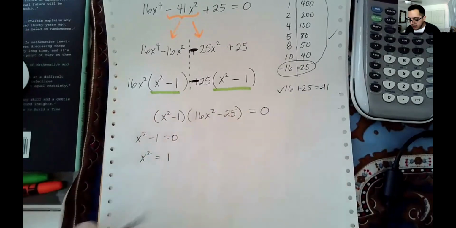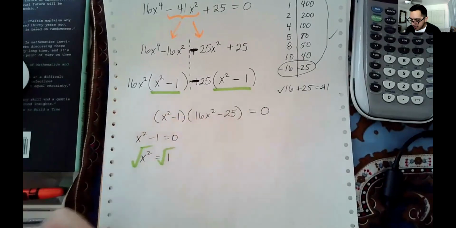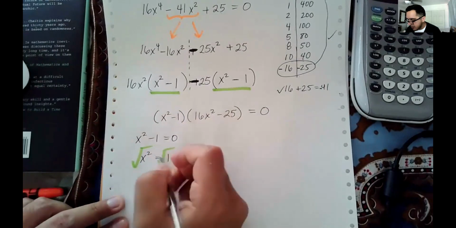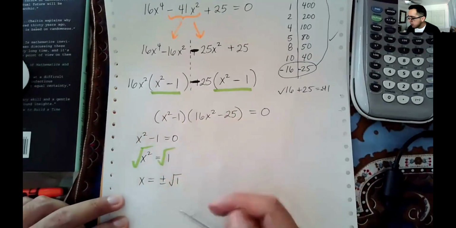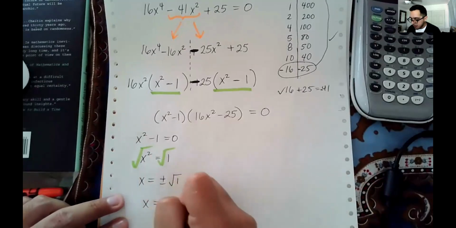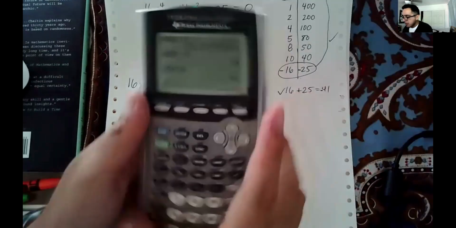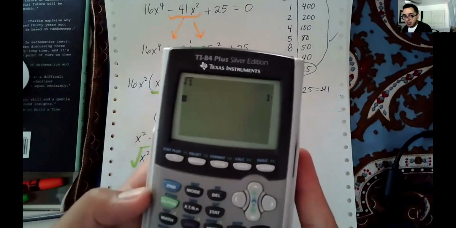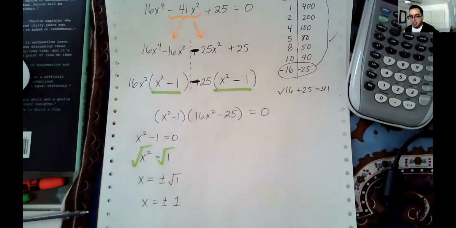And then I can utilize the square root property, take the square root of both sides, and say that x is equal to plus or minus the square root of 1. Well, the square root of 1 is simply 1. So x is equal to plus or minus 1, right? Like if you put the square root of 1 in your calculator, it simplifies to just 1. So that's why I'm just getting rid of the square root here.